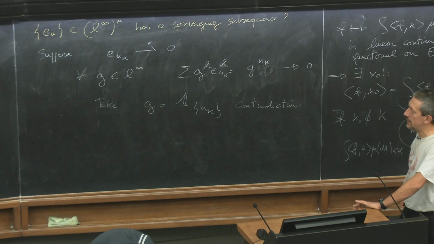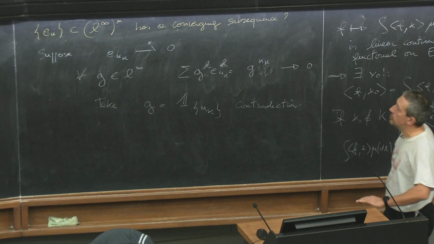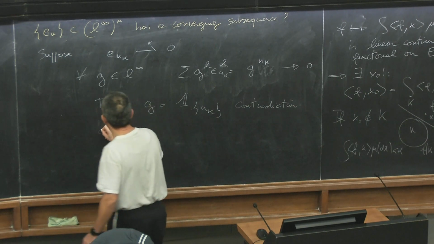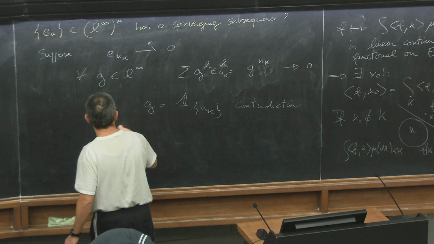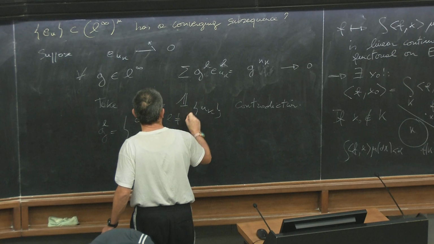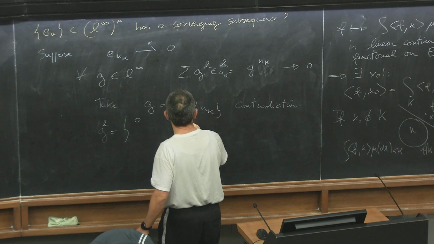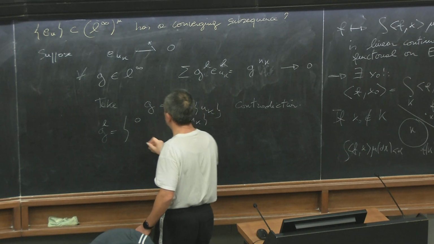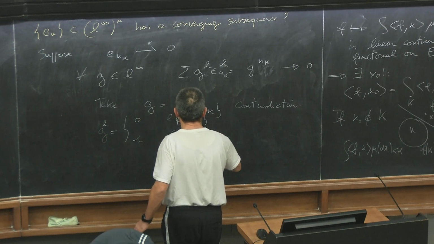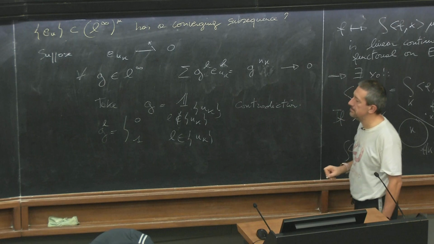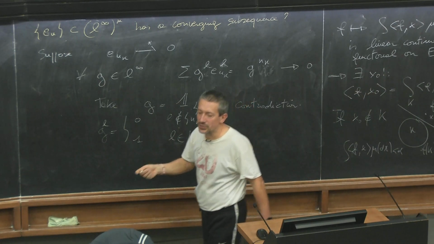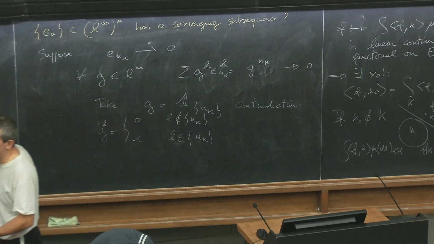Professor, what is the characteristic function of n_k? Pardon? G is the sequence which is 0 if l does not belong to the subsequence of indexes, or 1 if l belongs to the subsequence of indexes. And you can even play with plus or minus to get that it does not converge.